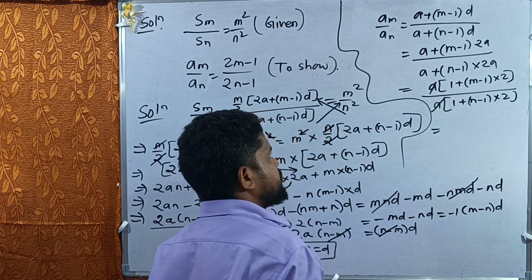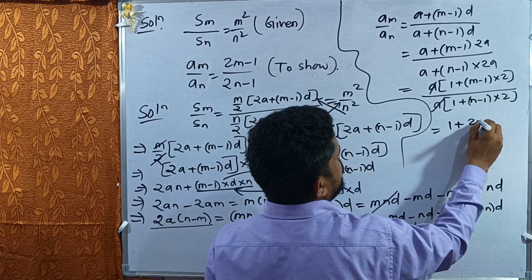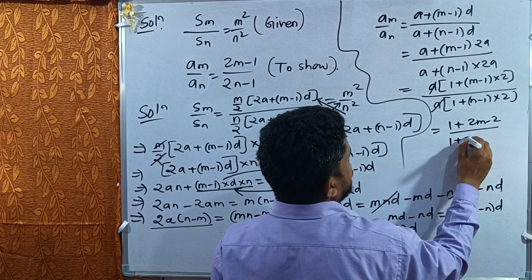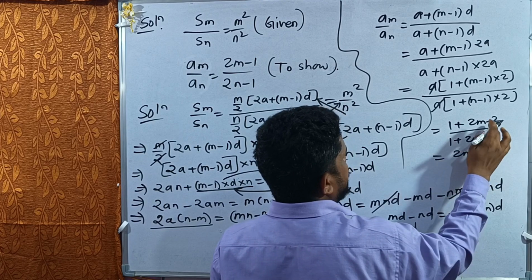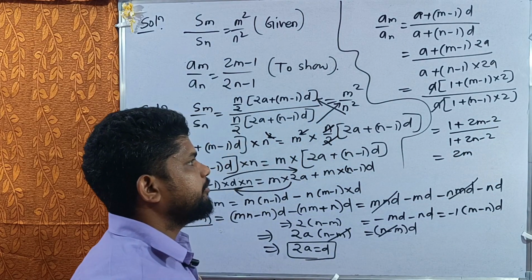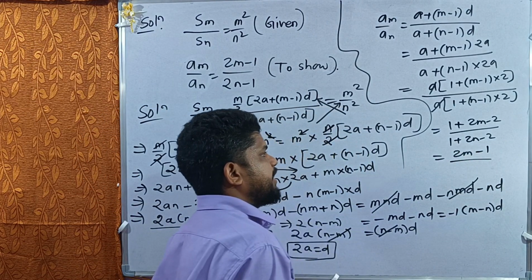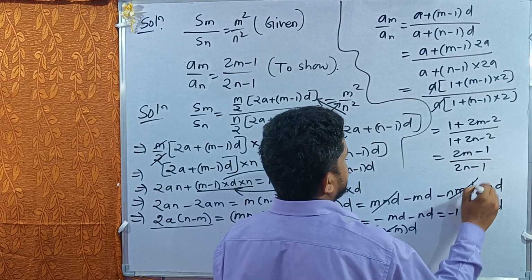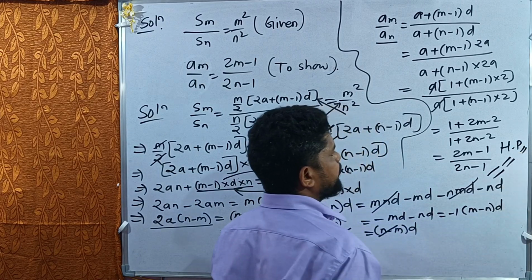A will get cancelled out. What remains is (1 plus 2m minus 2) divided by (1 plus 2n minus 2). This gives 2m minus 1 upon 2n minus 1. Hence proved.